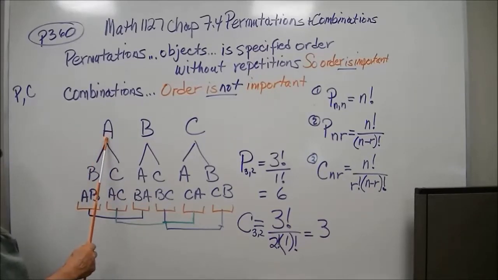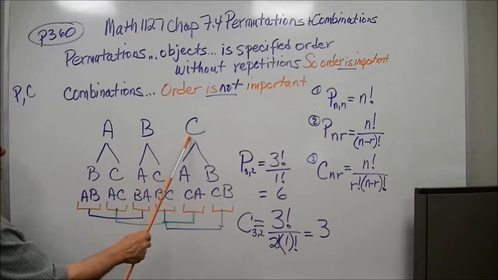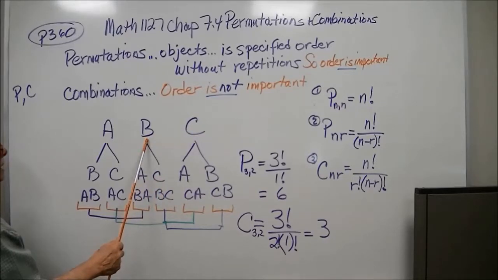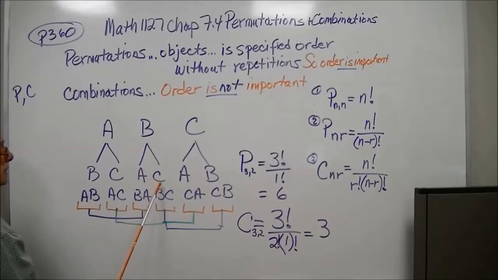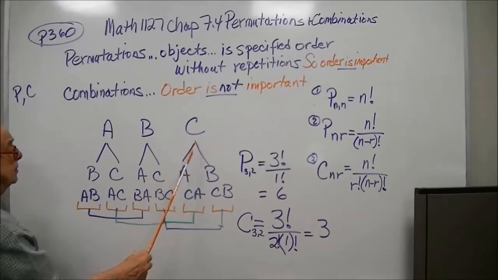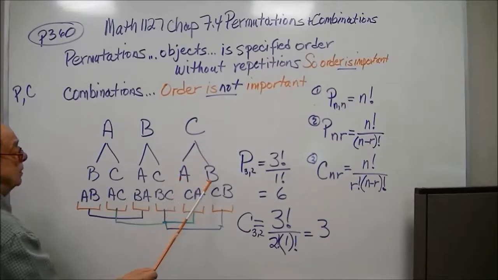So here we have the A, so we can pair it up with the B or the C. Then we have the B. We could pair that up with the A or the C. And the same for C. We could pair it up with the A or the B.